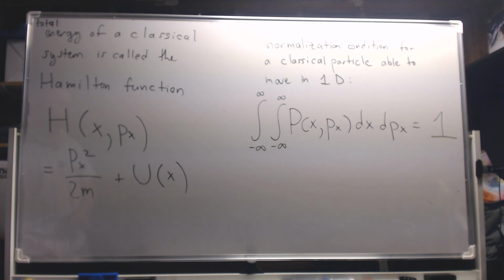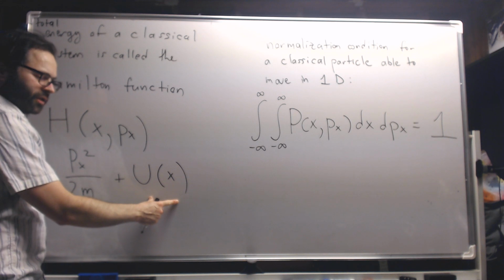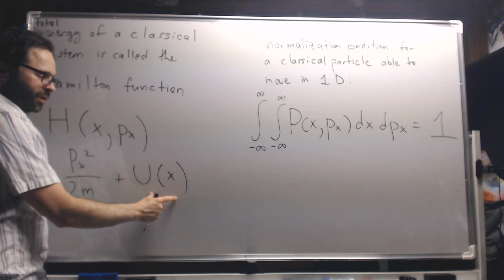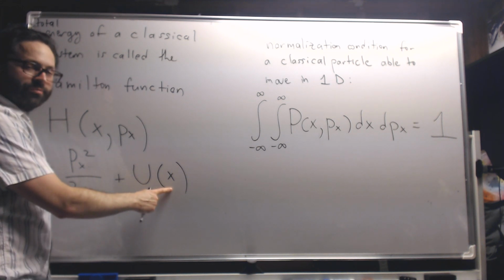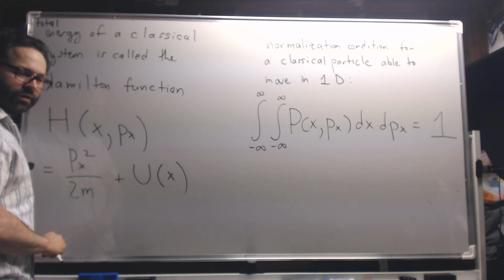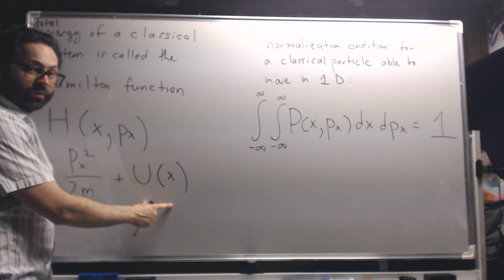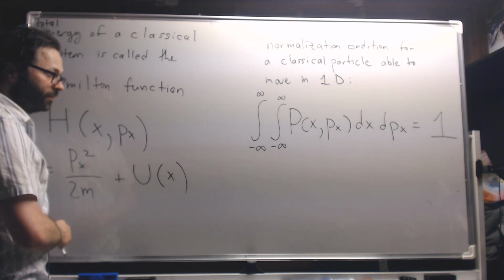So that's what the classical total energy looks like. It always depends on both the momentum and the position variables. Almost always, for systems that a chemist will care about, the potential energy depends only on x, not px. The kinetic energy depends only on px.